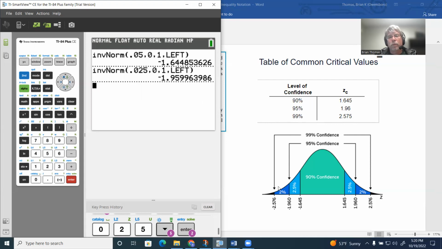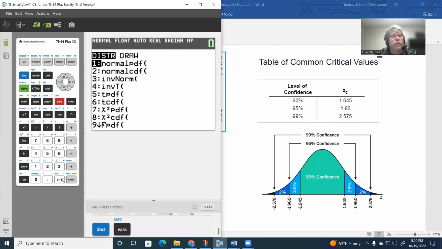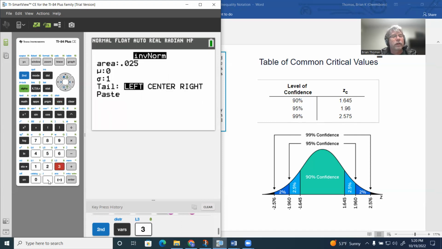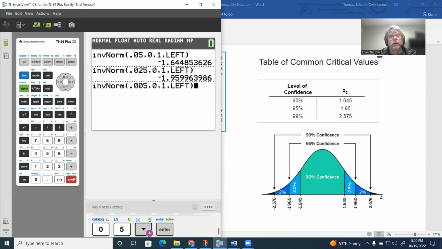For 99%, notice that there'd be 1% left over, so it's 0.01. But I would actually have to use half of that. Half of 0.01 would be 0.005, so that'd be 0.005 under the curve. That'd be this itsy bitsy part over here. If we move on down to the paste, it should give us negative 2.57.